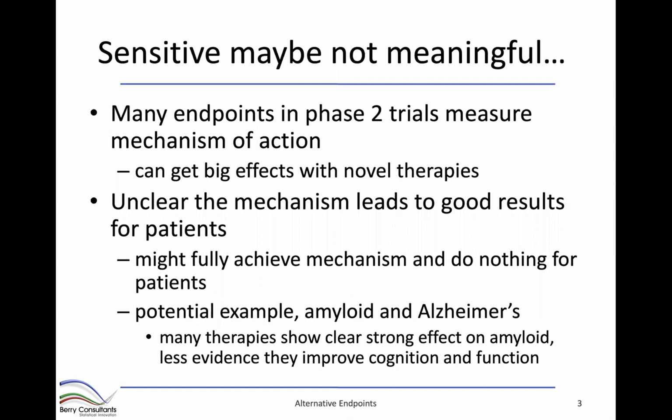The difficulty is that you may not get a meaningful endpoint this way, because it's unclear that the mechanism itself leads to good results for patients. Just because you're able to change this marker, you often have a hypothesis it will lead to good outcomes for patients, but you don't really have proof of that. An example of this is the amyloid hypothesis in Alzheimer's.